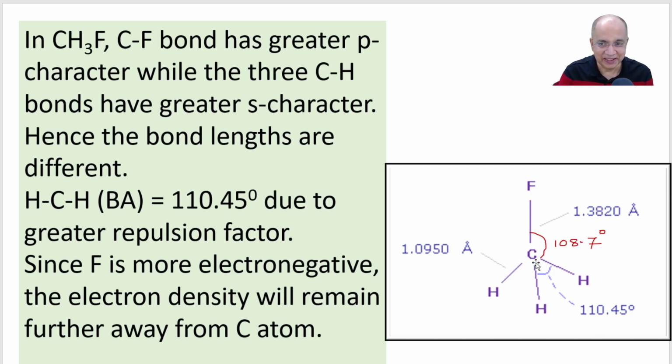See, the CF bond length is convincingly more, 1.38 angstrom, while the other 3 CH bond lengths are 1.09 angstrom. Yes, this is understandable because H is smaller in size than fluorine. That can be rationalized from the size of the ligand atom. But what about the bond angle?